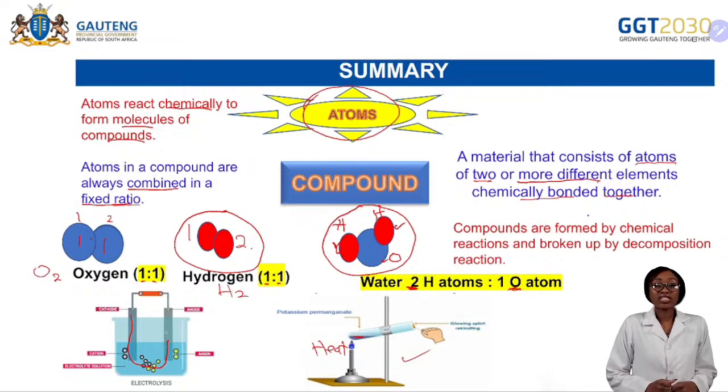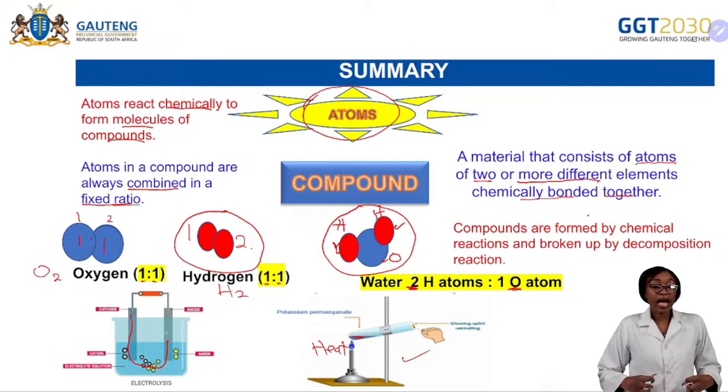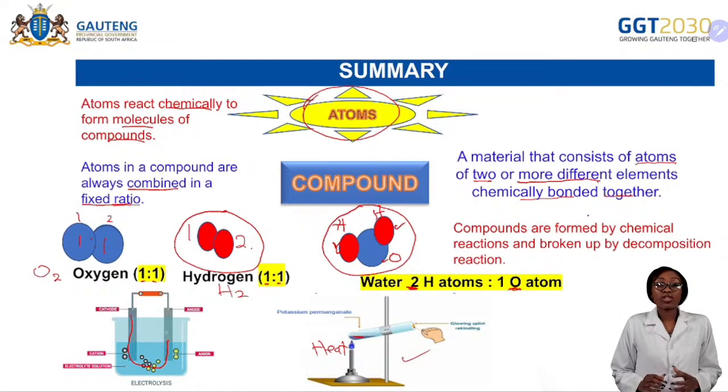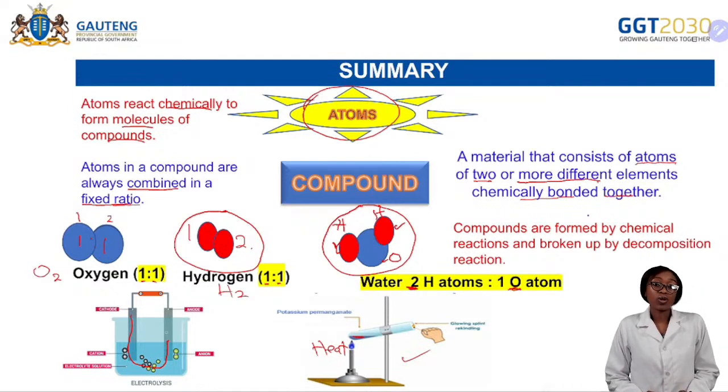So the electricity is able to break up or split those atoms that are bonded together. The end result will be elements or other smaller compounds. If we break down water, the result will be hydrogen and oxygen.